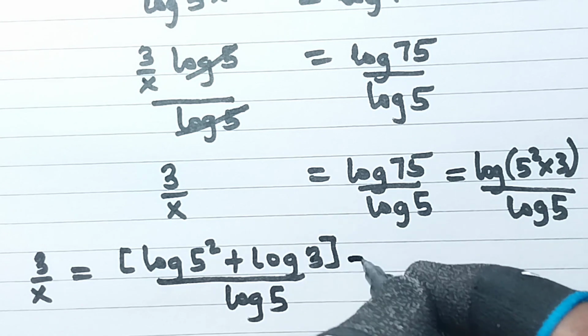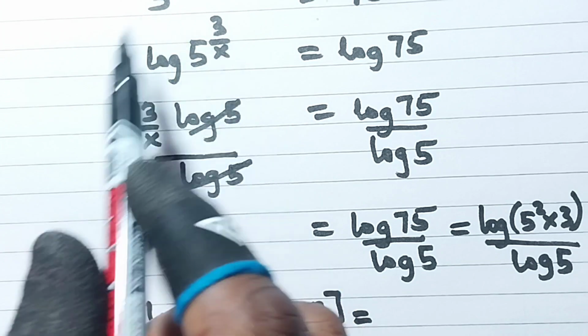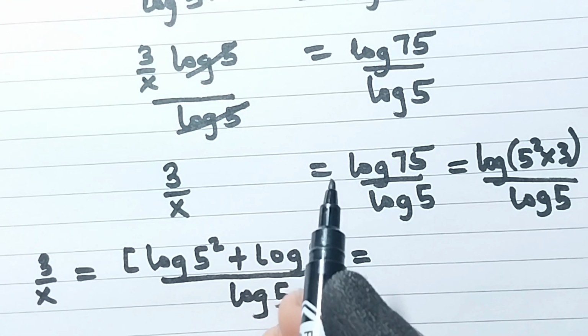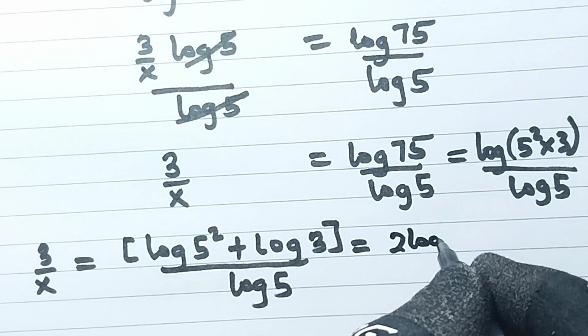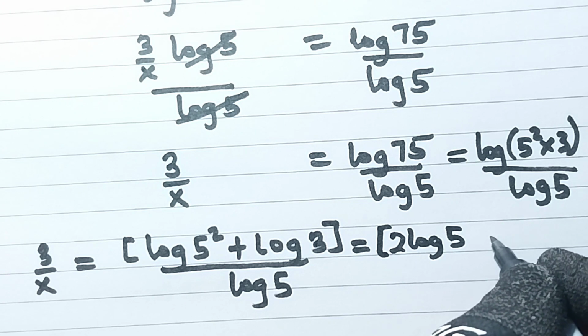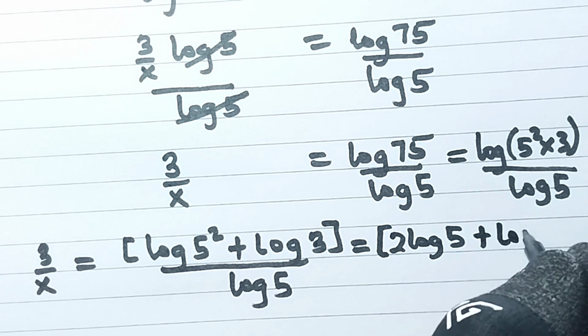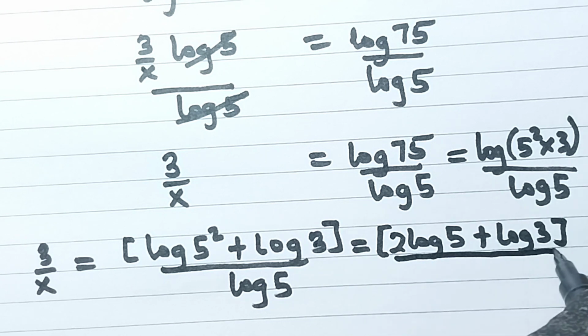This can still be simplified, the same thing we did here when we transferred this power to the front. We can do that with this 2 also. So we have 2 log 5 plus log 3 divided by log 5.